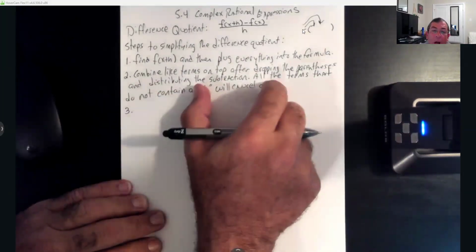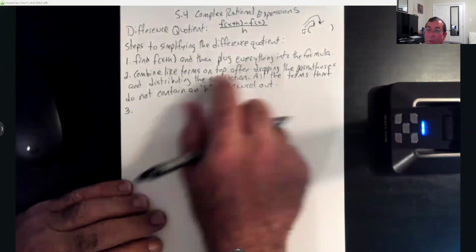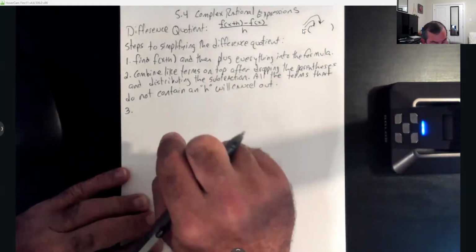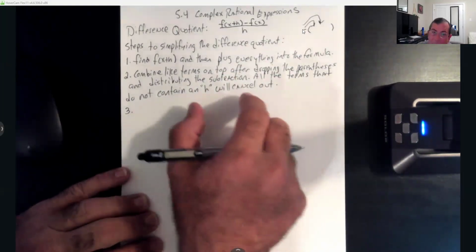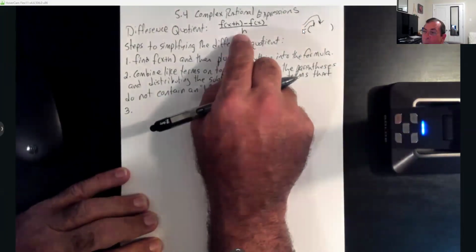Okay, so if it's on top and it don't have an h in it, it's going to cancel out when we drop these parentheses and do all that fun stuff. Okay, so now everything on top will have an h. We got an h on the bottom.